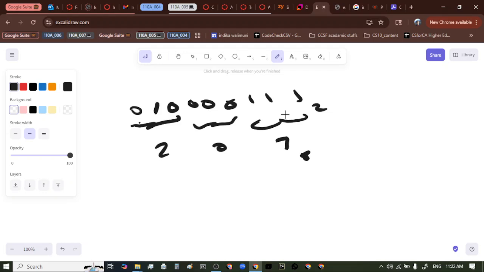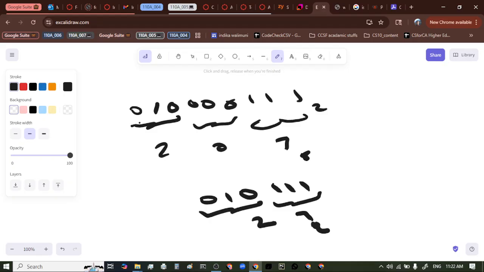Let's take an example. Say 1 0 1 1 1 1. There's 7 here, right? So we're going to add one more 0 to the front. So this is 2, so 2 7 in base 8.